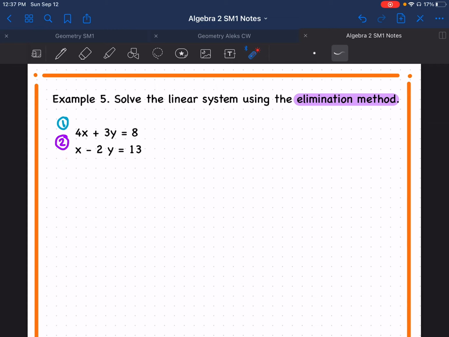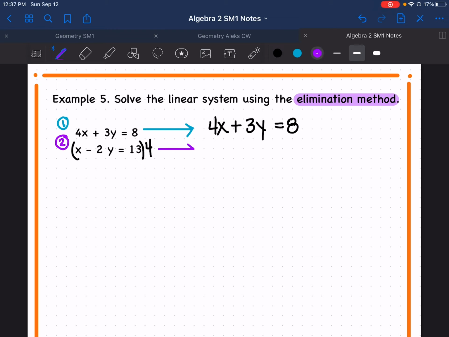So what I'm going to do is I'm going to take equation 1 and I'm simply going to copy it. I'm not going to do anything to it. I'm going to keep it exactly how it is. Now what I'm going to do to equation 2 is I'm going to multiply it by 4.